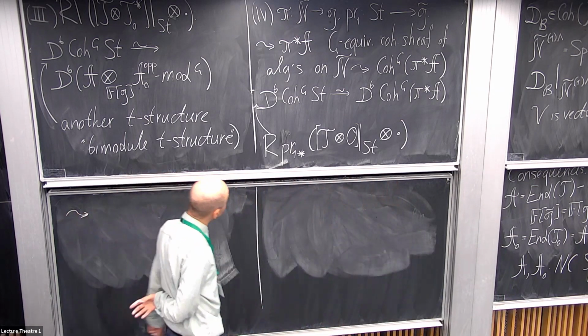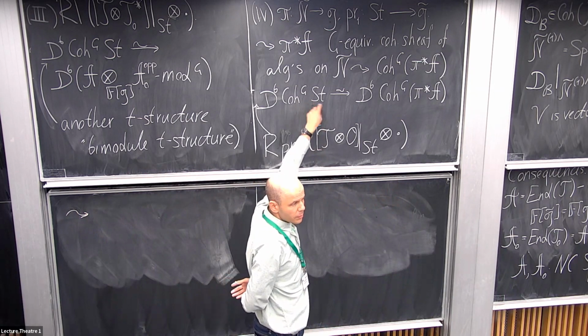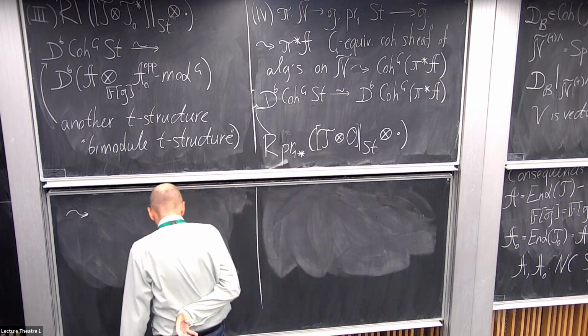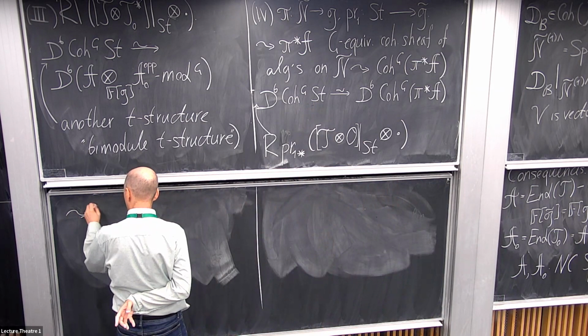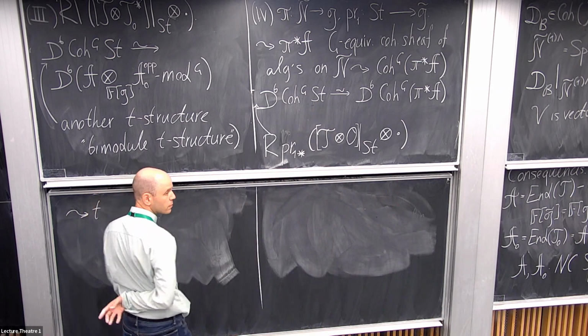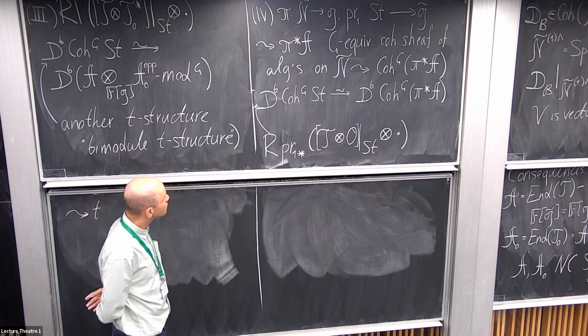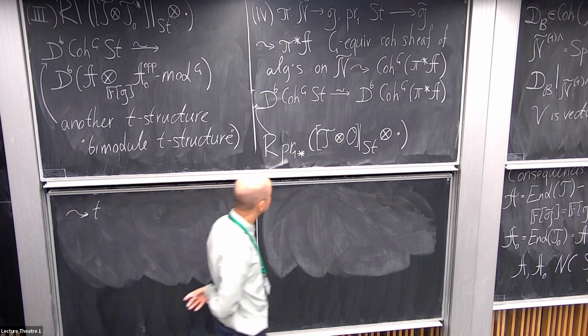And this again gives me a T structure on dB Koch of Steinberg. It now has many names. I'm going to call it stabilized T structure. Sorry. What is your O in this function? Structure sheaf. Okay.